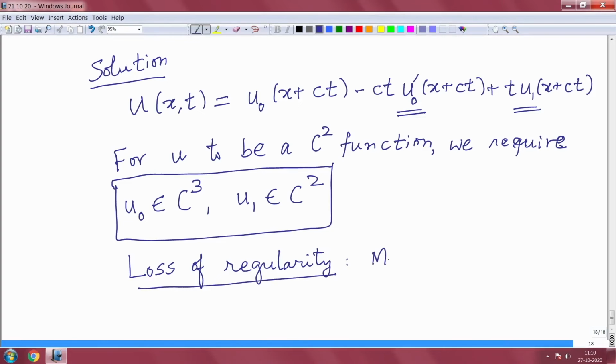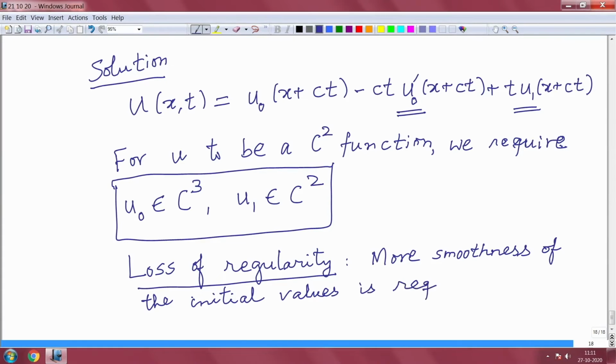So, more smoothness of the initial values is required. Okay.